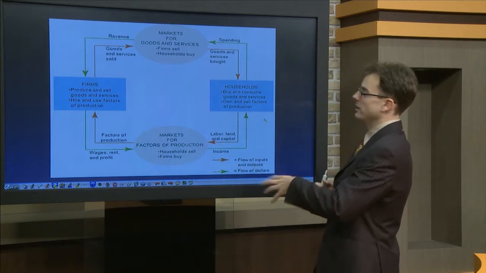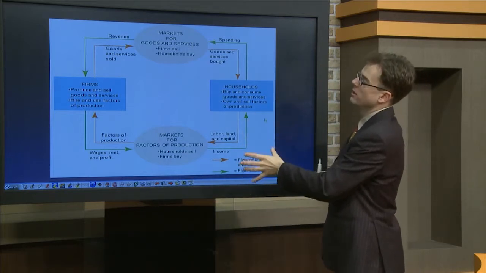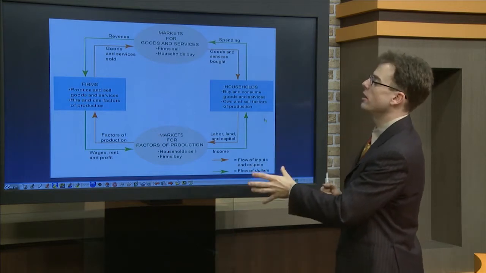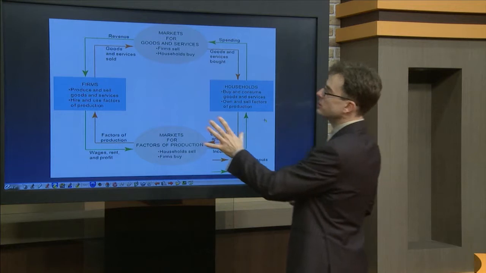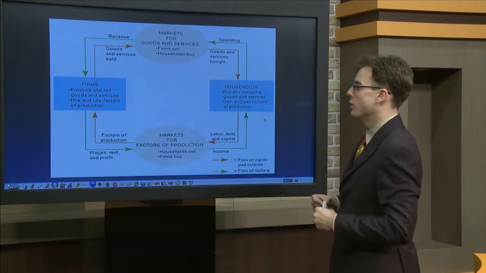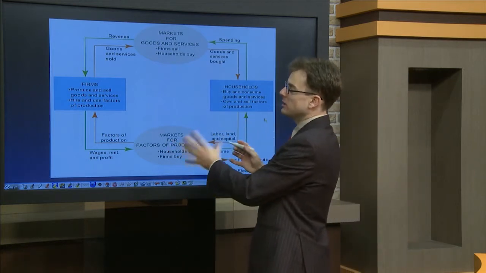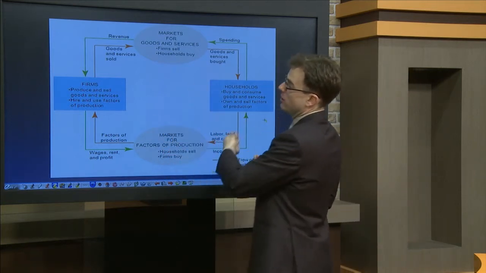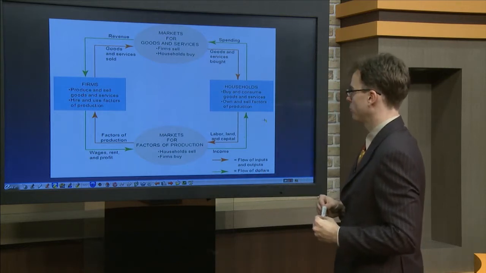So one fundamental property of circular flow diagrams is that all the resources flow in this market, and there is a balance of flows throughout the diagram.